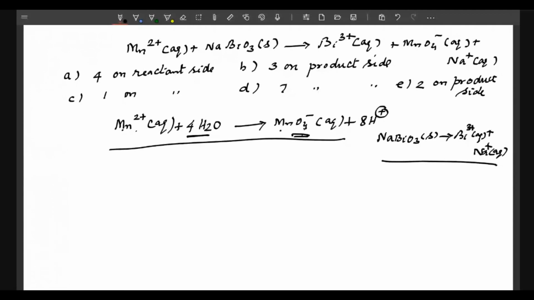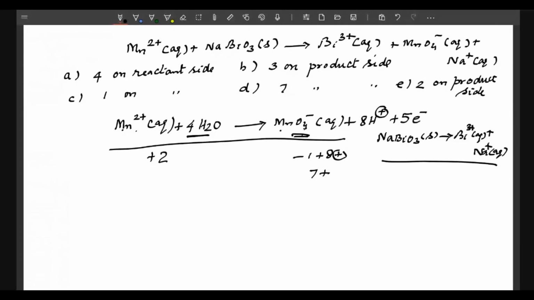How many electrons are needed? The net charge here is plus 2. On the product side, 1 minus and 8 plus are there. Therefore, the net here is 7 plus. On this side, it is 2 plus. Therefore, the 7 plus should be converted into 2 plus. The higher positive charge should be converted into the lower charge by adding the appropriate number of electrons.